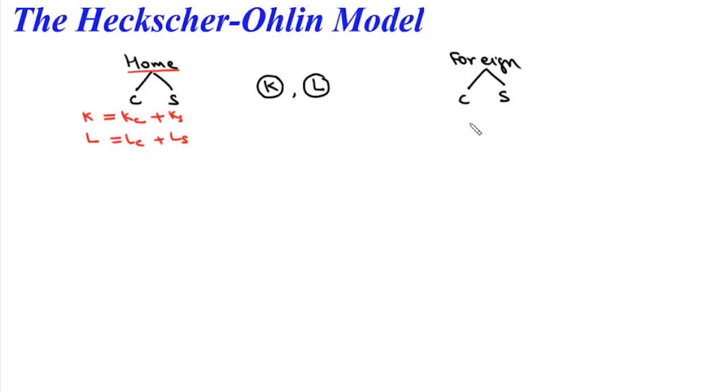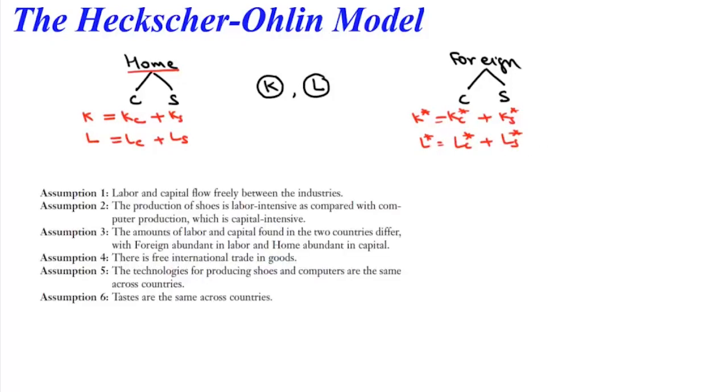In the same way, in foreign, capital is KC star and KS star, and their sum is K star, and labor L star is LC star plus LS star.